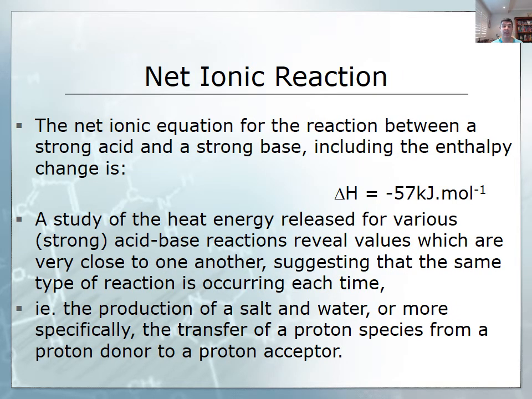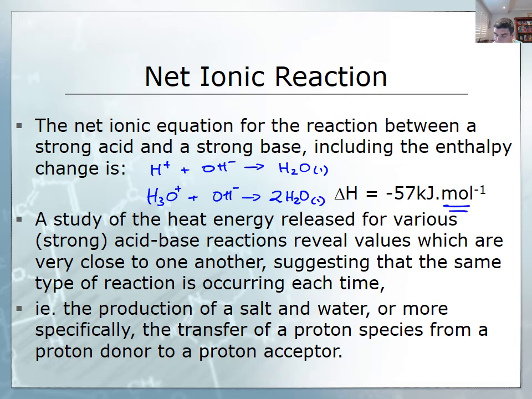So what this means is that we can actually write an equation to represent this process. So the specific equation for the delta H value will be either H+ plus OH- going to H2O liquid, or probably more correctly, the hydronium ion combining with a hydroxide ion to form two H2O molecules.